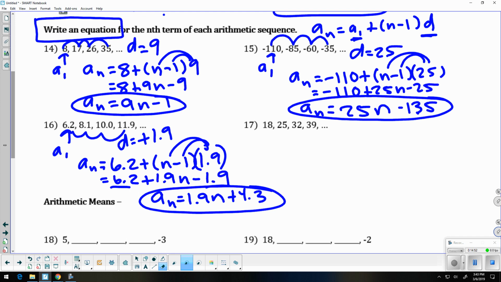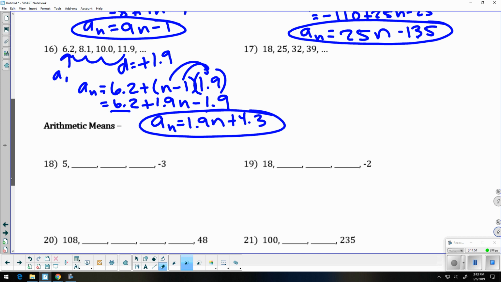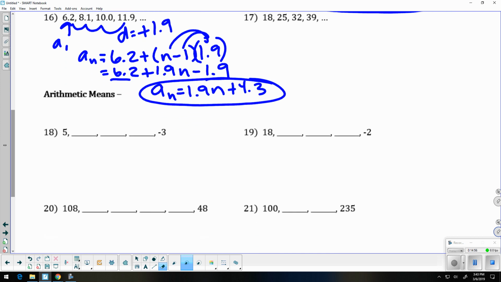Okay. Arithmetic means, the last part here, you're basically trying to fill in these blanks. We want to know those missing terms of the sequence. So once again, label what you know. Looking at problem 18, what can we label? We see the first term, a sub 1, and we see the last term. The sequence stops at -3, with no dot, dot, dot after it.